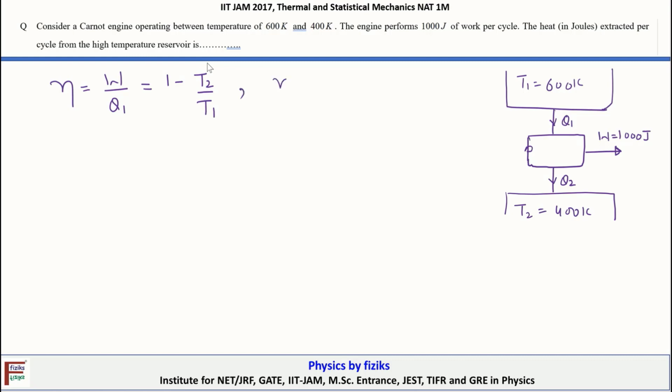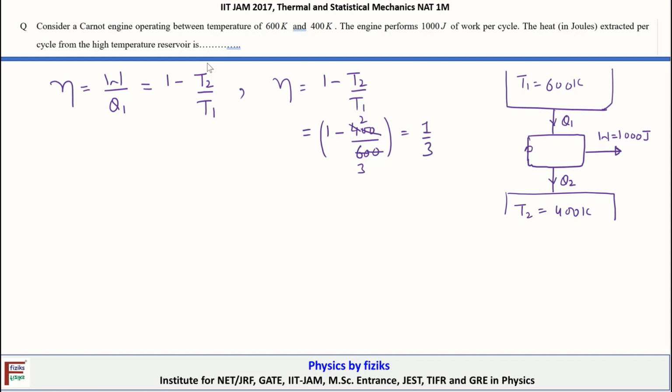So eta is equal to 1 minus T2 by T1, which is 1 minus 400 by 600. So 3 minus 2, 1 by 3. So the efficiency is equal to 1 by 3.